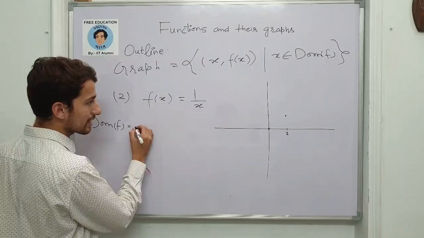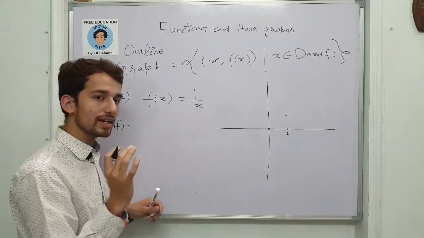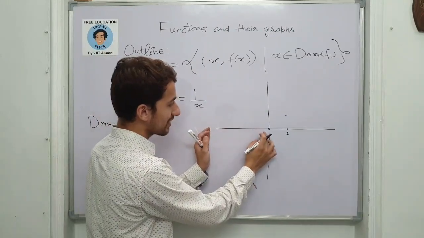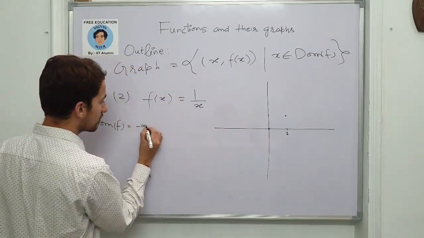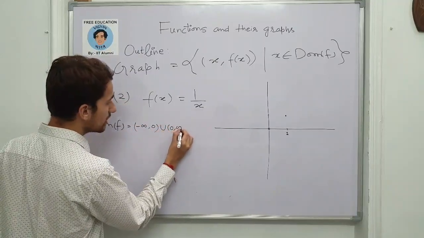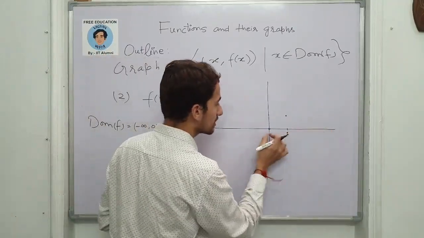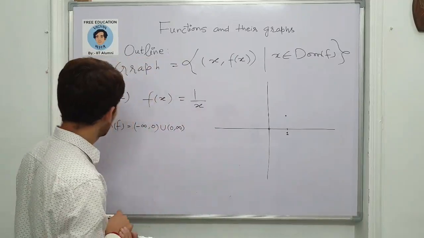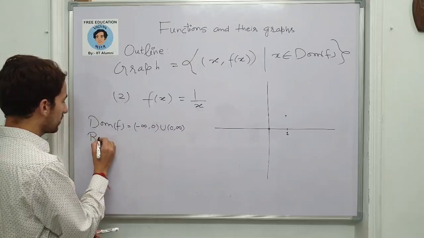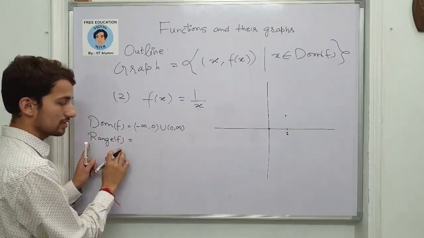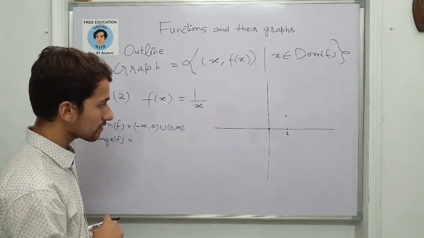I can rewrite it as the union of two intervals: from minus infinity to 0, open interval, union 0 to infinity. 0 is not included anywhere. So this is a way of representing the domain. Now we are interested in answering this: what is its range?